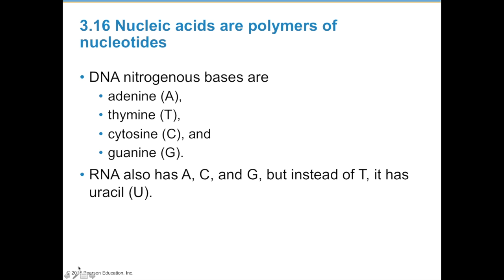All right, these guys pair up very specifically, and I'm going to try to write it here. When these guys pair up, A is going to pair with T, C is going to pair with G. In RNA, A is going to pair with U, and C will still pair with G. Okay?